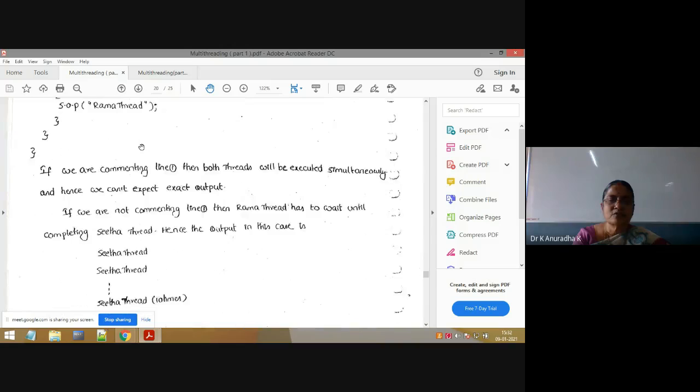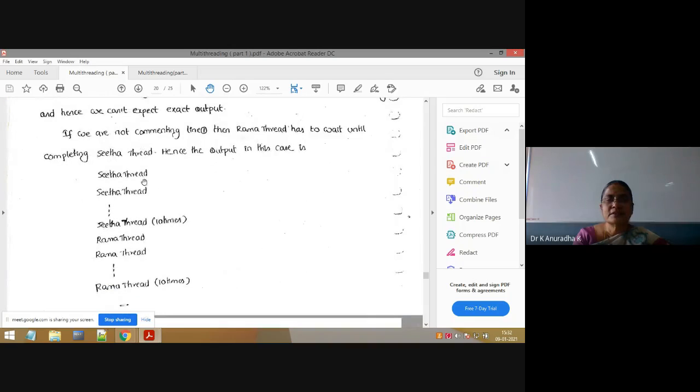In the child thread's for loop we have written Seta thread now. That for loop is repeated 10 times, meaning the child thread completes its execution, then the main thread completes its execution.